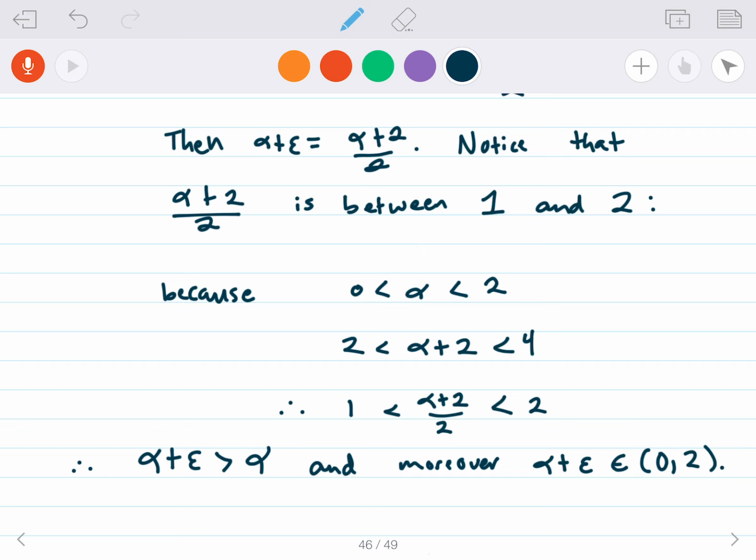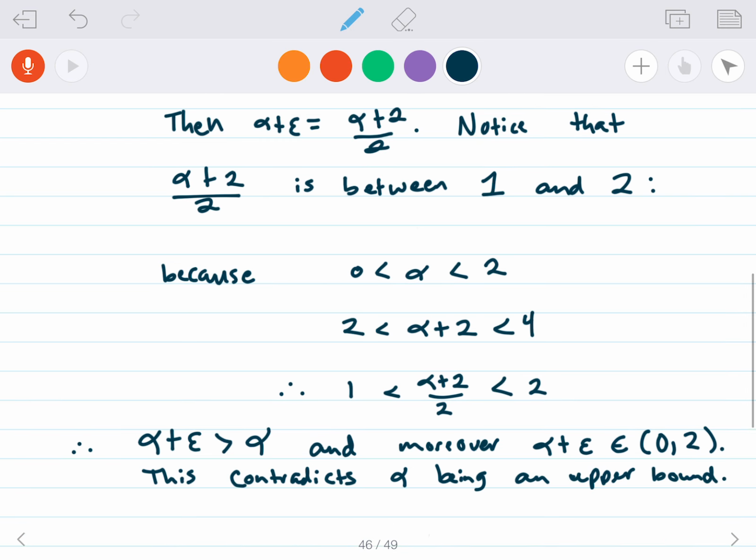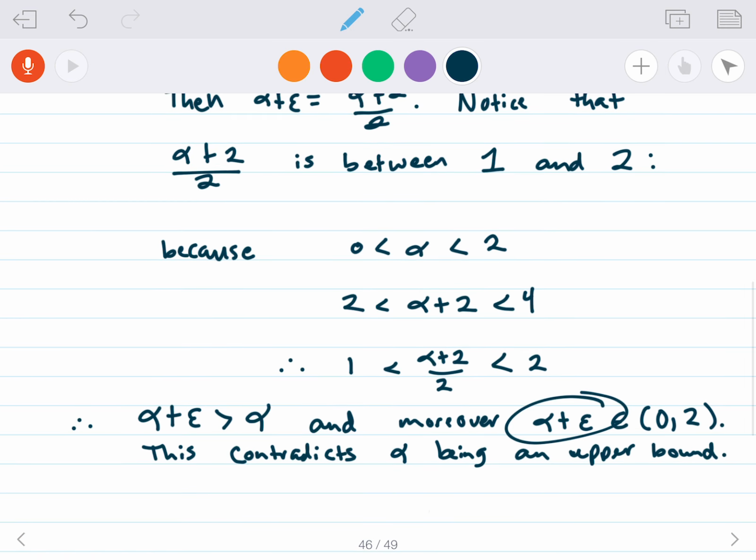And this contradicts alpha being an upper bound. Right? Because we found something in the set that was larger than alpha. Okay, so alpha can't be an upper bound.